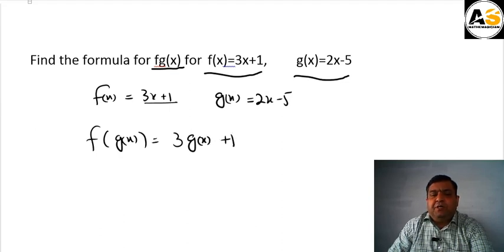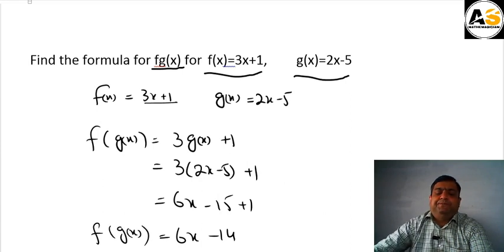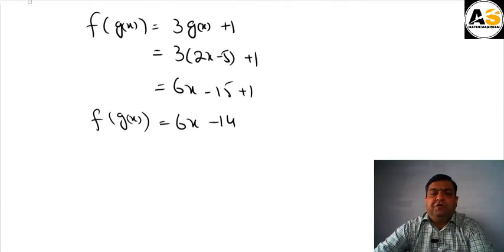I have put g of x in place of x. Secondly, we will put the values of g of x and we will simplify to get the answer, which is 6x minus 14. This is composition of f upon g. This 6x minus 14 is composition of two functions.